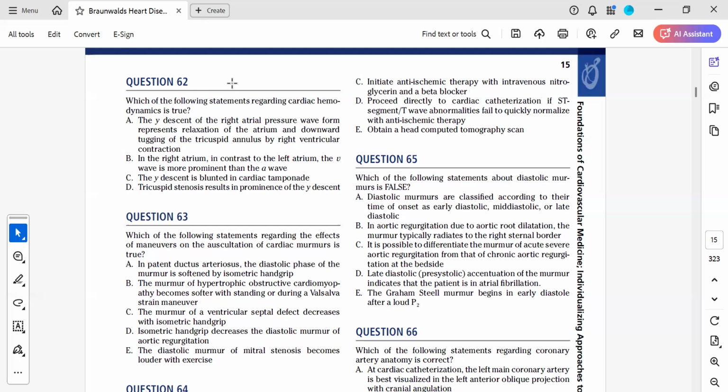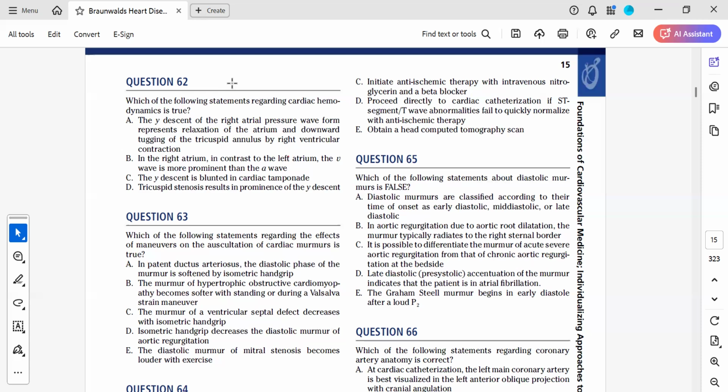So because of the higher pressure in its chamber, its wave will be higher than that of the right atrium. And that V wave is far higher than the A wave because of the same issue of non-compliance, because of the pressure in the chamber.